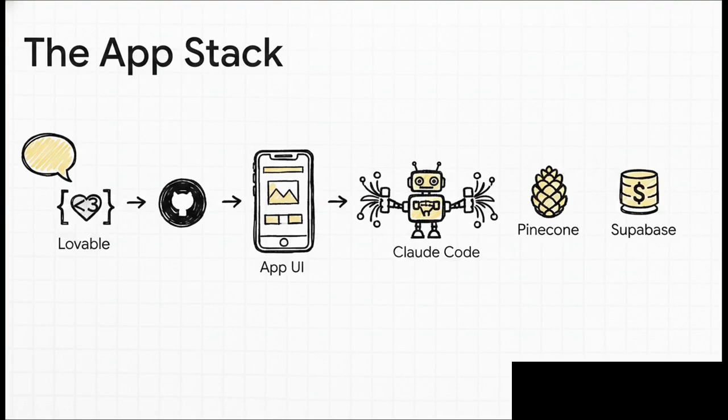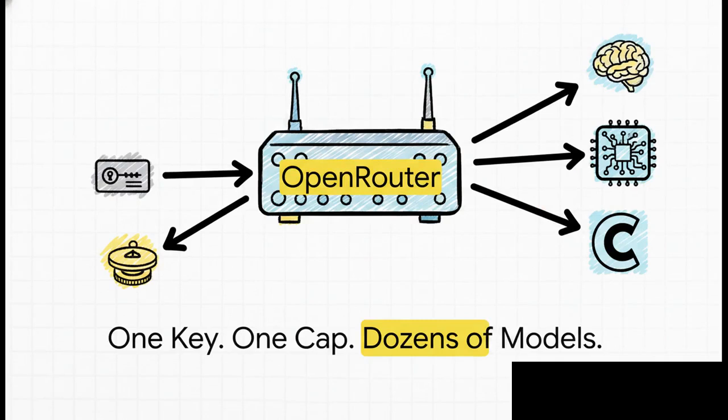We sync that code to GitHub, and then we just hand it over to Claude Code to write the backend logic that connects to Pinecone and Supabase. Now, to power the chat function in our app, we use OpenRouter. Think of it like a universal adapter for AI models. It gives us one API key, one place to set a budget, and access to dozens of different models. This lets us use the best tool for the job, like Claude's Sonnet, which really hits the sweet spot for quality and price on a task like this.